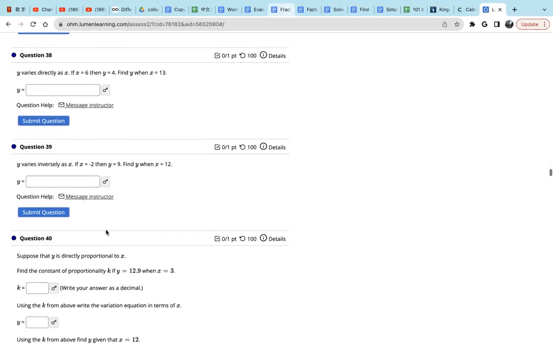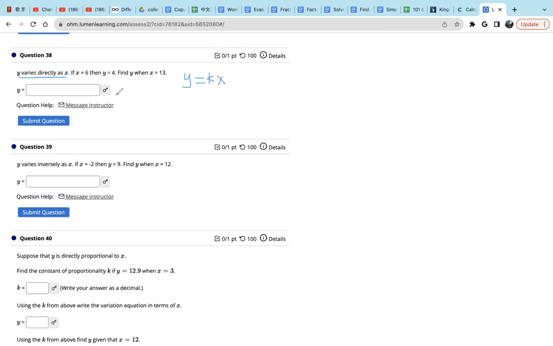Let's see 38. It says y varies directly as x. Remember, varies directly means y equals some k times x.